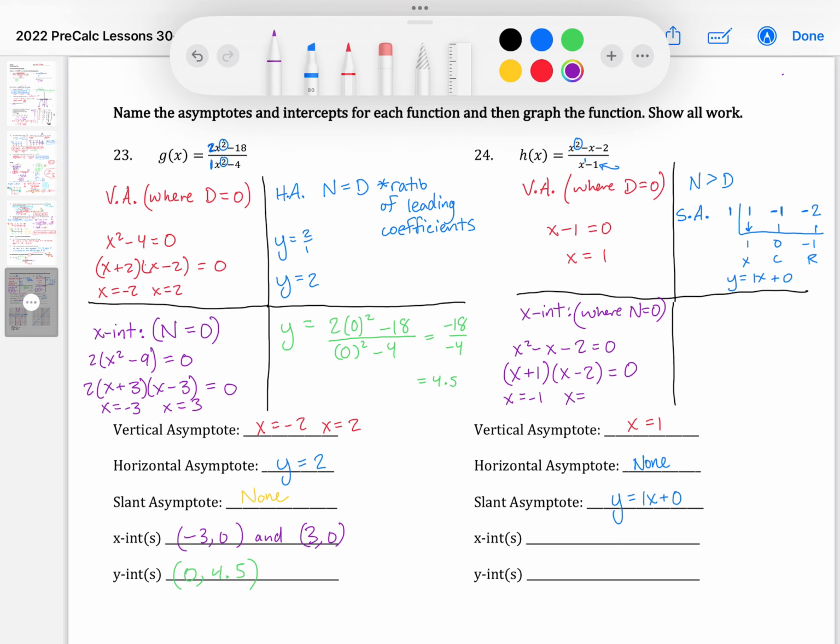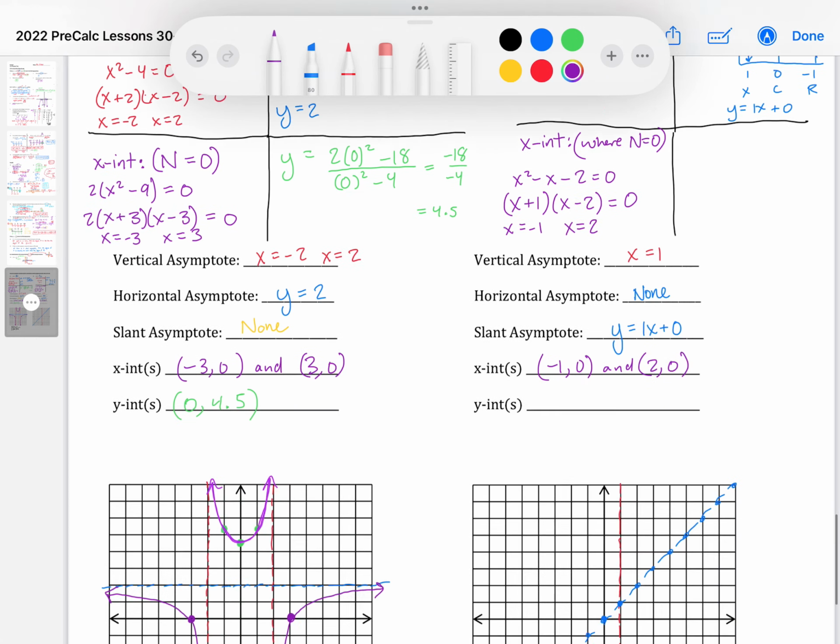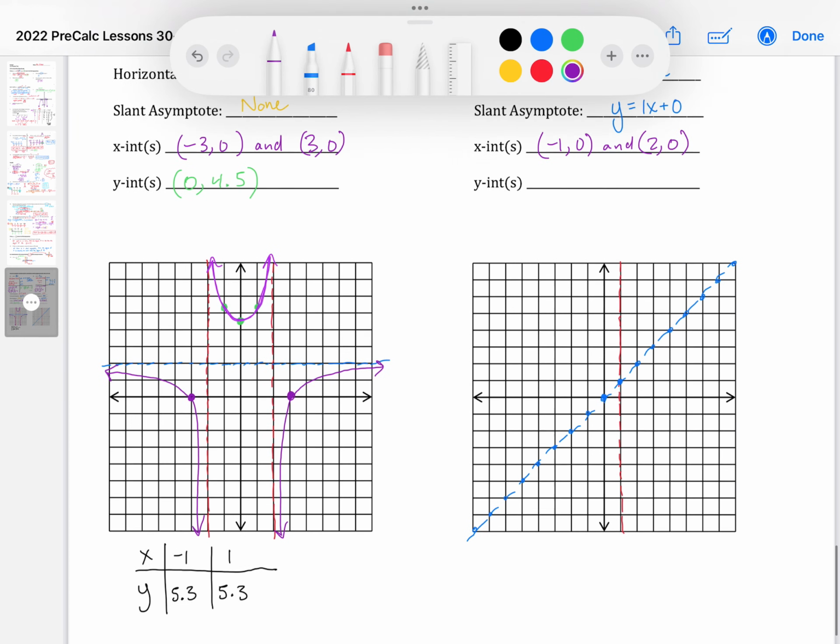So I get x equals negative 1 and x equals 2. So negative 1 comma 0 and 2 comma 0 are my x-intercepts, which if I graph, negative 1, 0 is here, and then 2, 0 is right here.